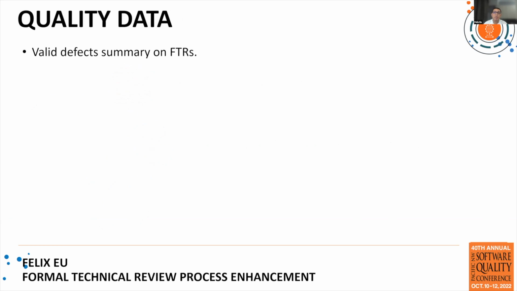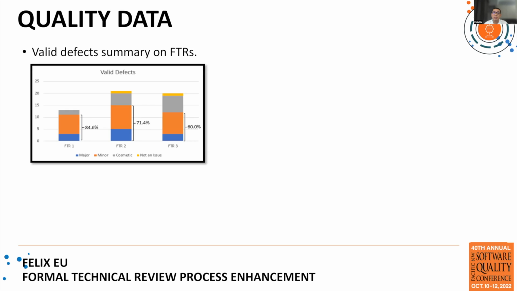So we have talked about the user experience and benchmarking. The quality data is the outcome of both the user experience and benchmarking best practices. The information is captured based on the actual FDR meetings from the feature requirements.